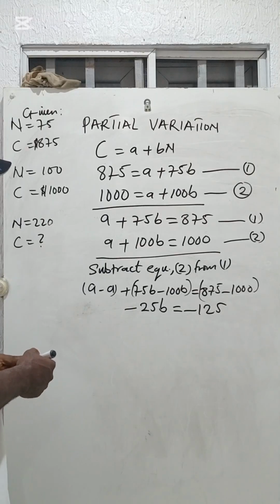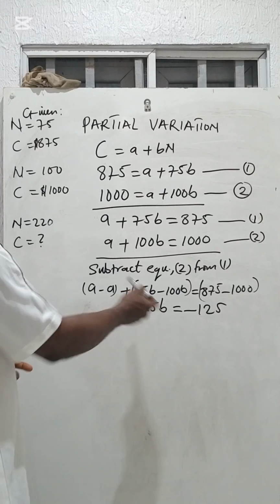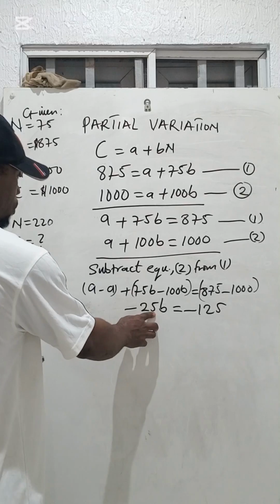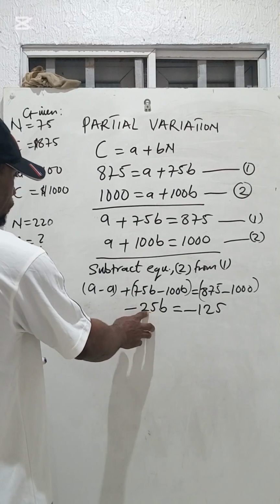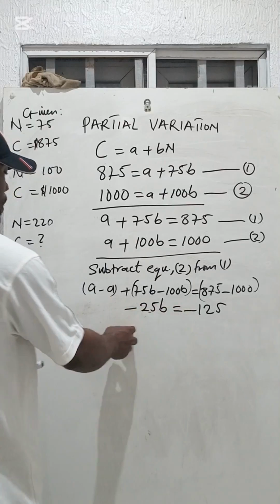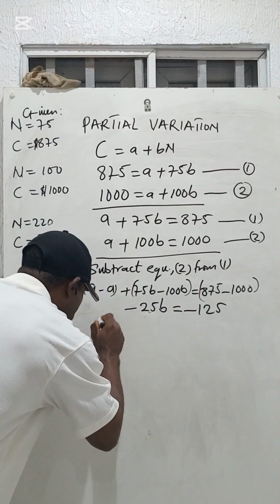So the next thing we are going to do is to divide both sides of the equation by minus 25, so that we can eliminate the 25 and also the negative signs.